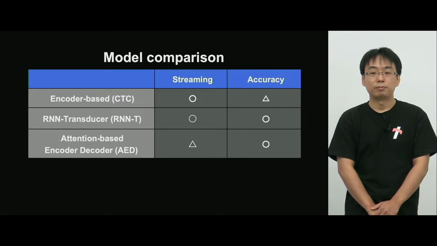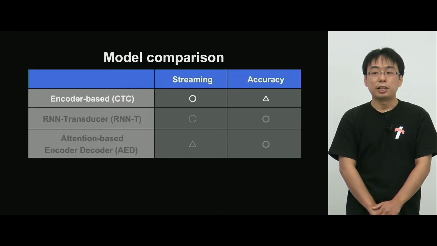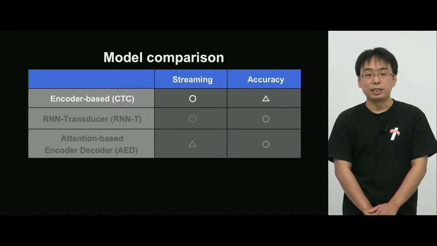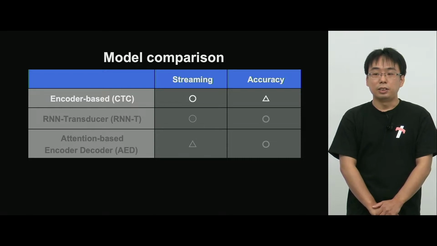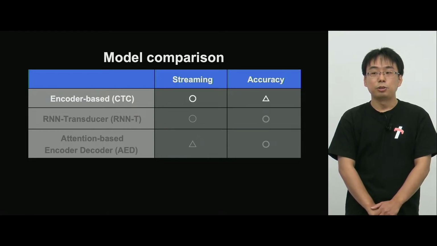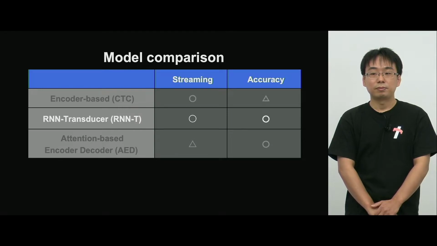I'd like to make a summary of the 3 models' pros and cons. First of all, for the encoder-based method, even during the utterance, streaming processing can be done, which is the benefit. However, the CTC method ignores the relationship of multiple outputs. Therefore, there is room for improvement.